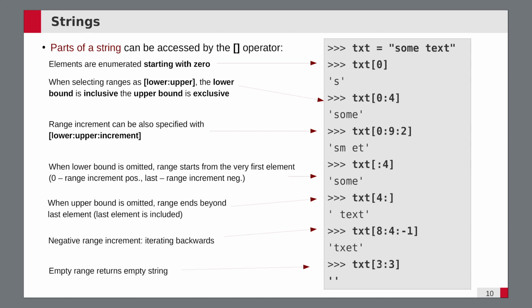And if I'm giving a character range which doesn't contain anything like 3 colon 3, that means give me the characters starting from the 3rd up to but excluding the 3rd one, and that means that the interval is completely empty, then you will just get back the empty string as a result.